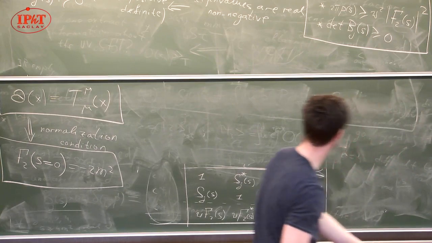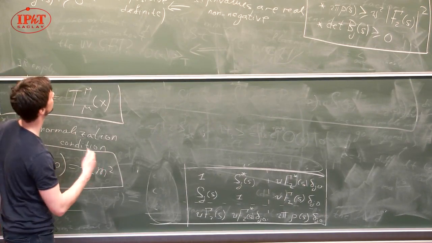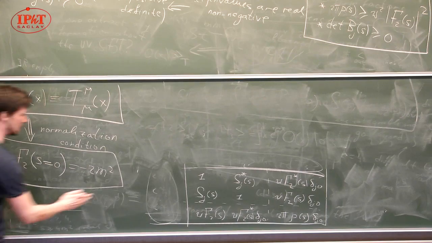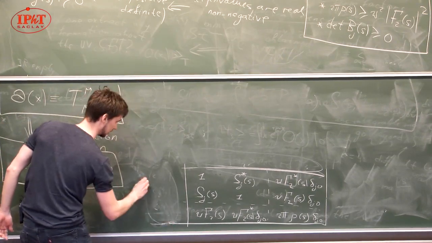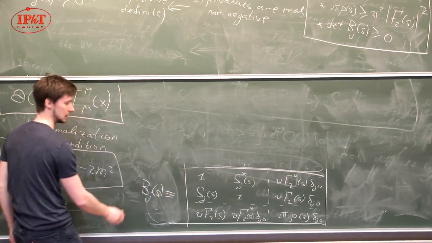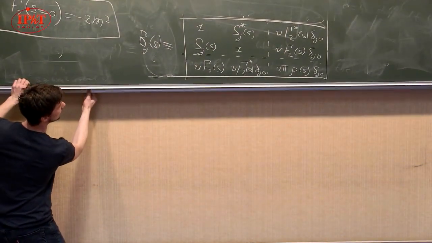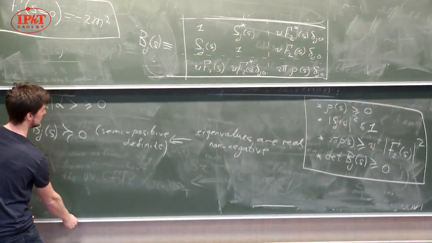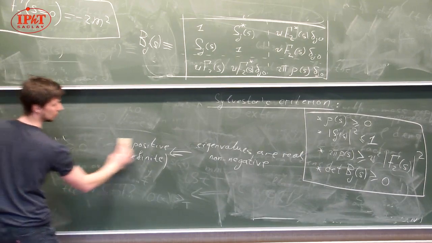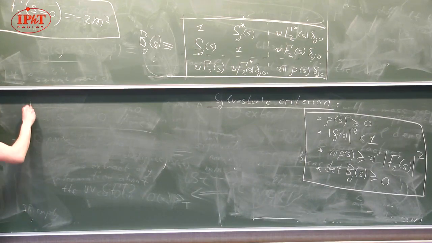So finally, I'm ready to define what Bootstrap problem we can try to solve. So this is the S matrix. I skip the delta function. So the Bootstrap problem.